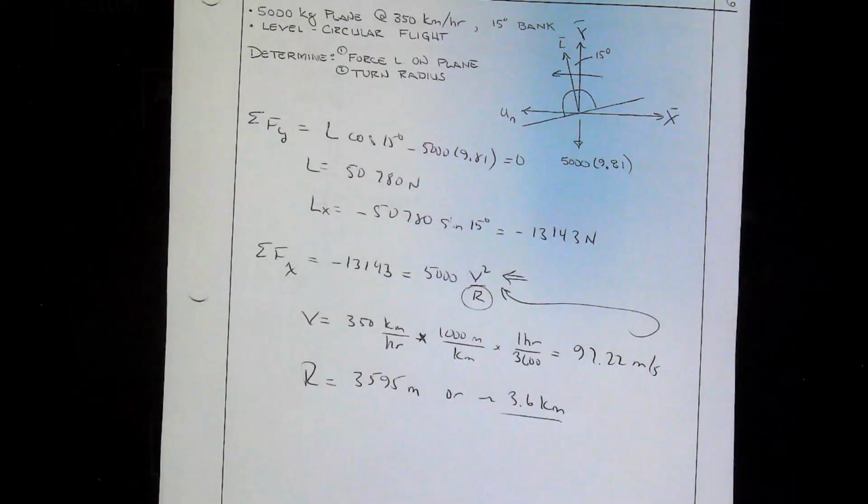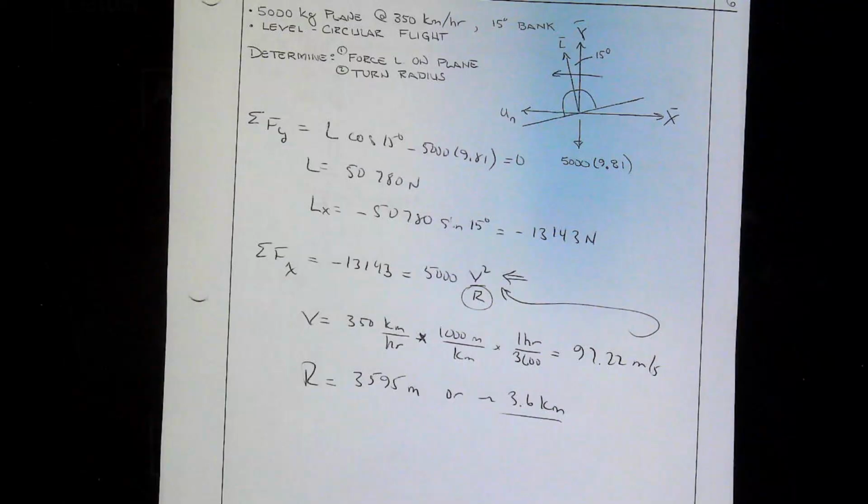So we will have this lift, cosine 15 degrees, minus the weight. So that's 5,000 times 9.81. All of that equals 0. Solve for L, and we come up with 50,780 newtons.